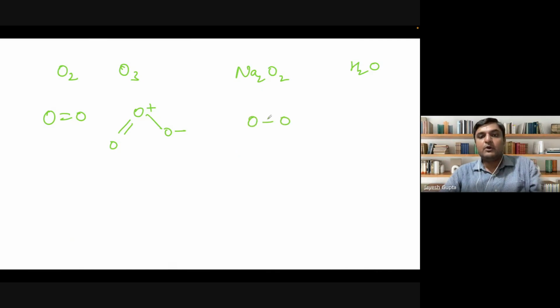So here O single bond O, and since a minus charge is there, already there were two lone pairs in oxygen, so after the negative charge you will have three lone pairs. And this is H2O2, O single bond O, here hydrogen, here hydrogen. So here you will have two lone pairs.